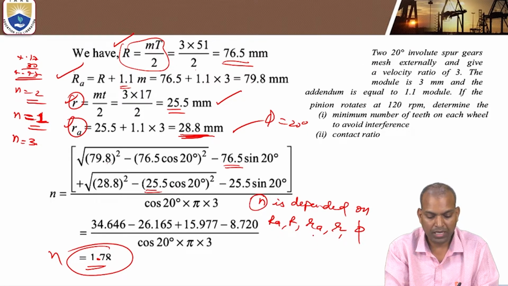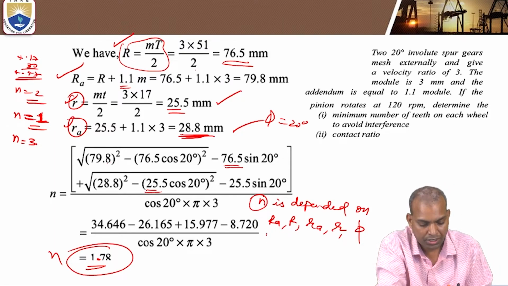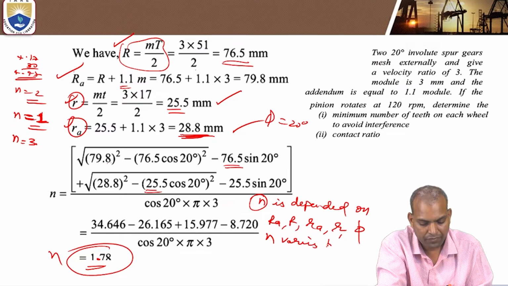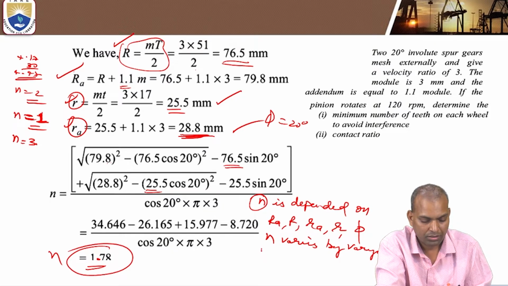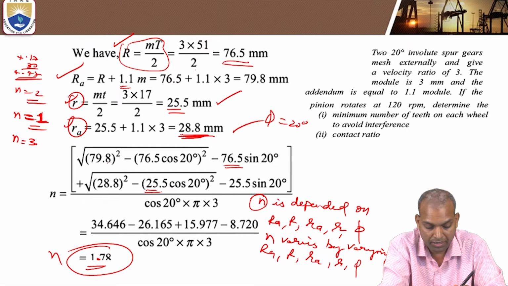Now, the contact ratio varies by varying RA, R, capital letters, that is, and also any one in relation to that, it will vary. So that's why it is dependent on.